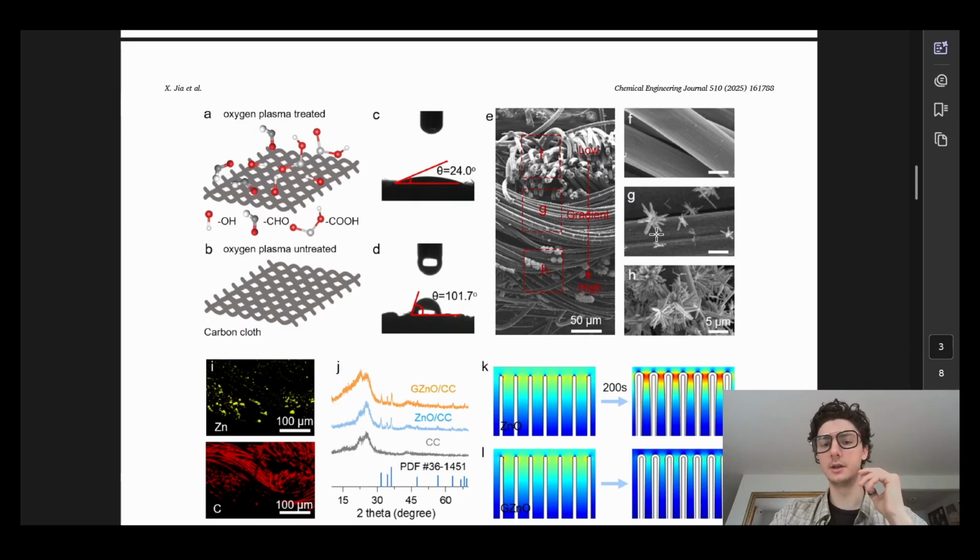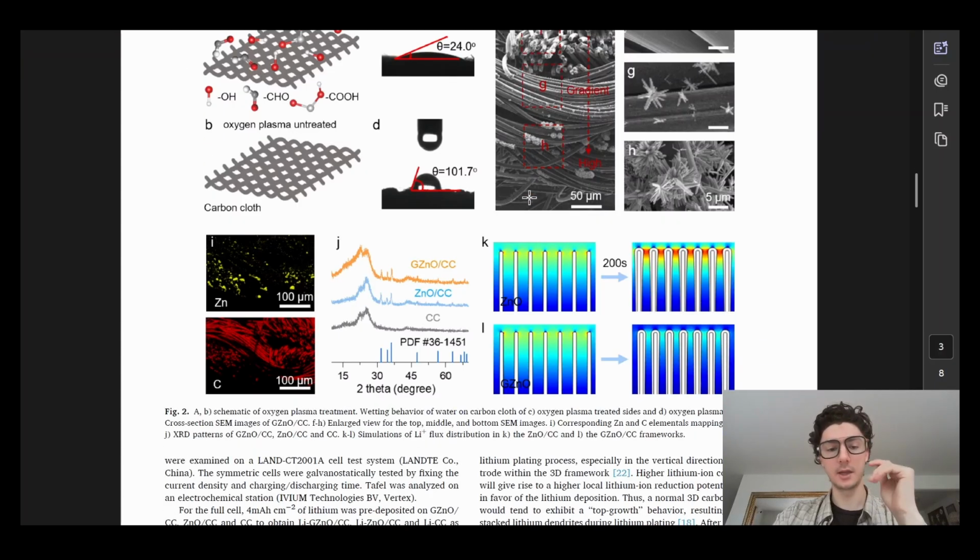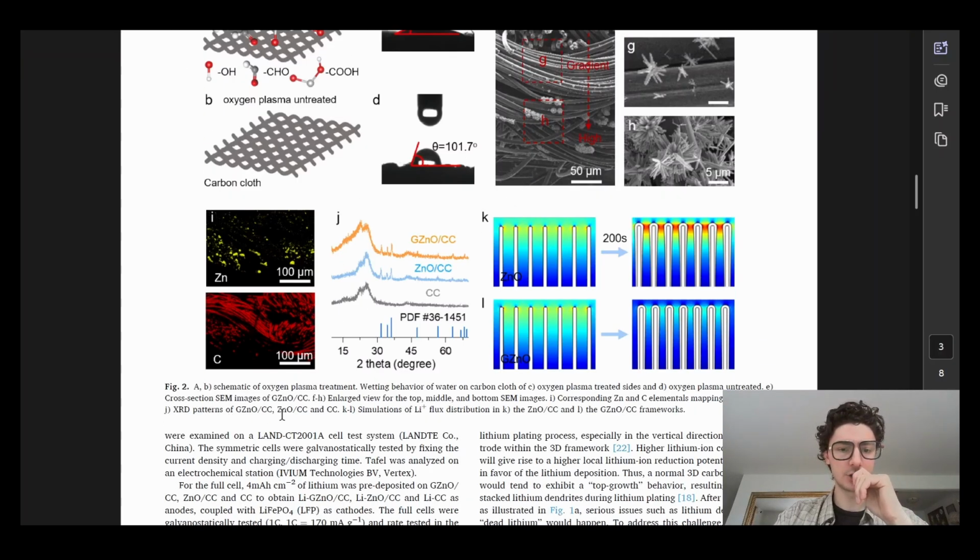These are the graphene, or sorry, I keep saying graphene. These are the zinc oxide particles. And then at the bottom, this H, you could see a lot of them, so this is the gradient that's forming, which is actually crazy to see. This is like a visual proof of this gradient actually forming properly. So that's very cool. Thank you guys for showing that. It must have been crazy to actually get those images.